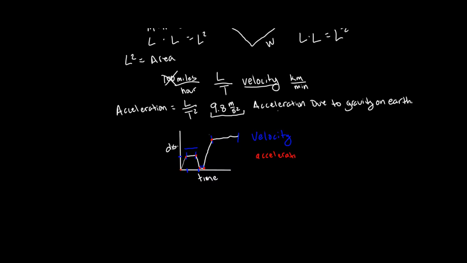And we're not going to get too much into this concept, but later on in calculus, you're going to learn about derivatives, and you're going to find that what you're looking at in a derivative is the rate of change.